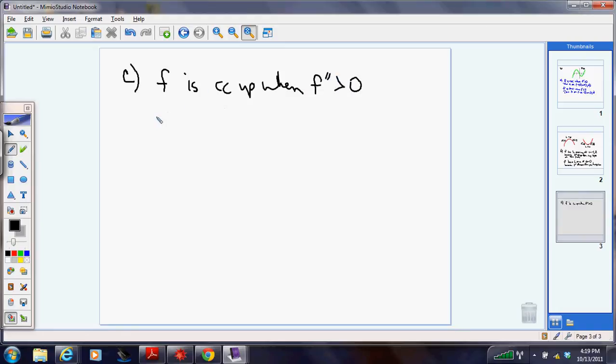Well, we're looking at the graph of f prime in our example here. So f double prime is greater than 0 when we see f prime increasing.